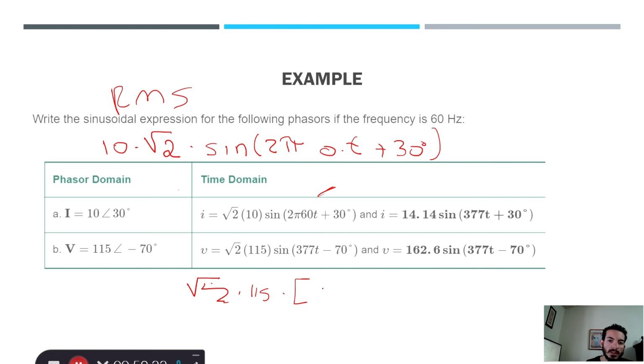Pi is a number, 2 is a number, 60 obviously is a number, so you do that computation, it is 377 at negative 70 degrees.